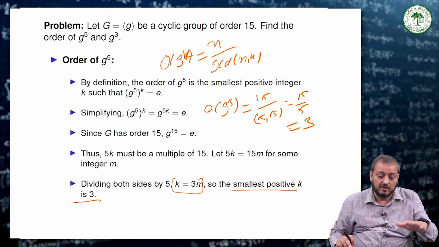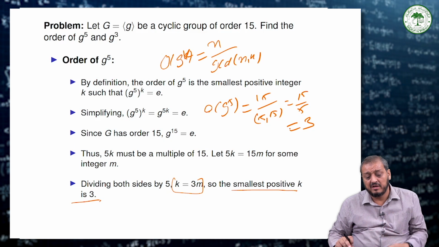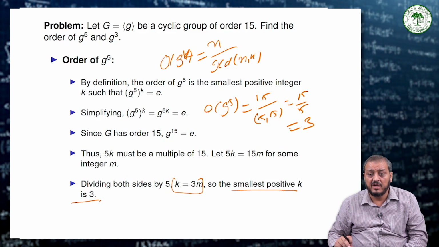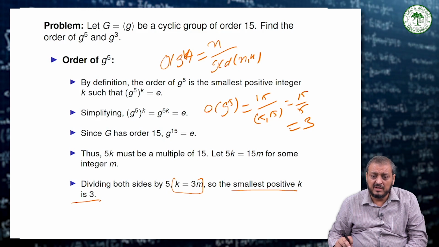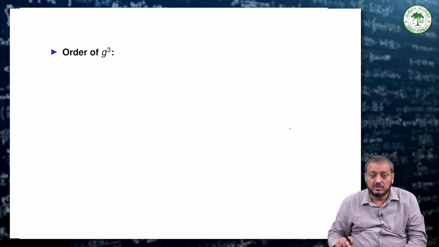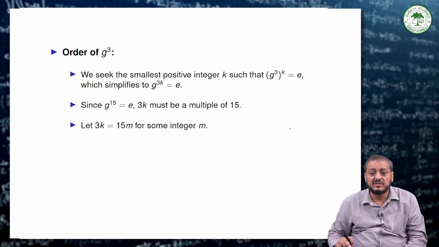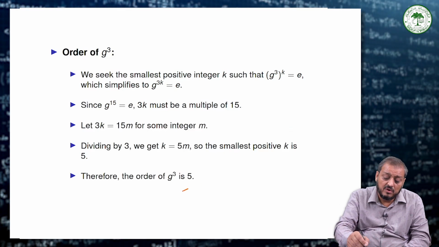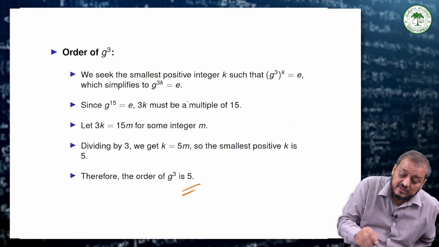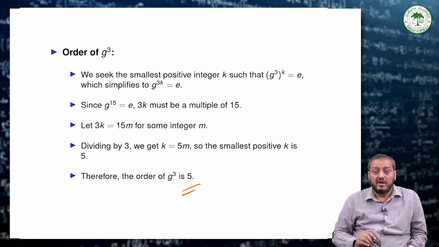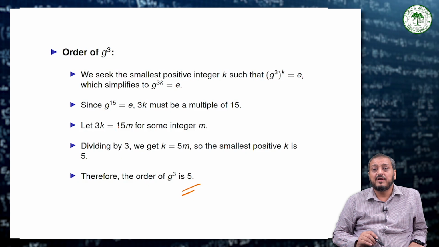Now, for g to the power 3, the order is 15 over GCD of 3 and 15, which is 15 over 3, equal to 5. So, this again is similar, and we can write g to the power 15 equal to identity in a different way.